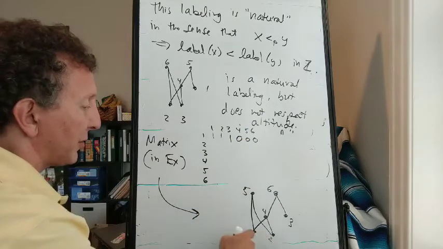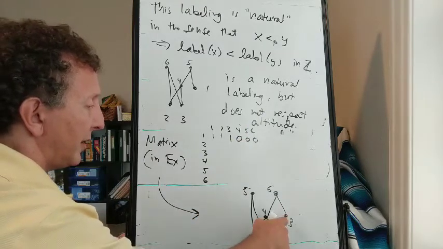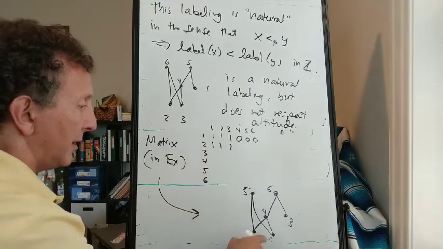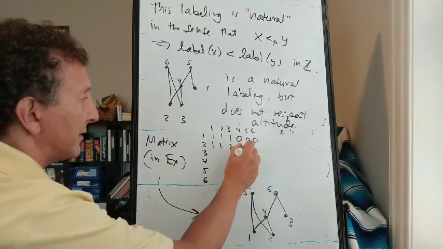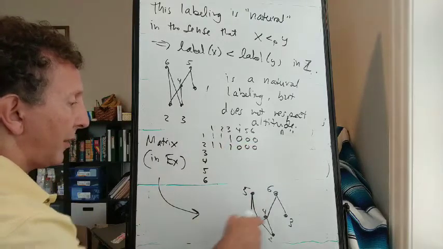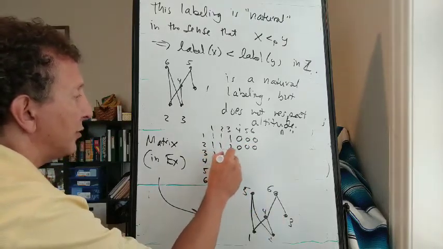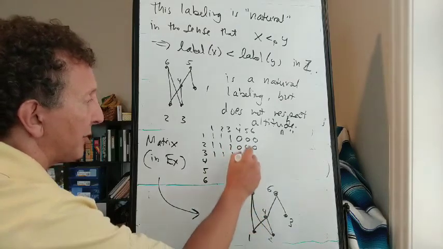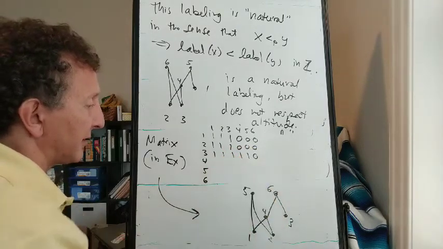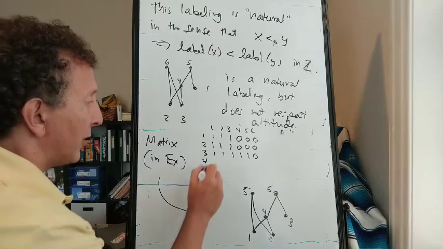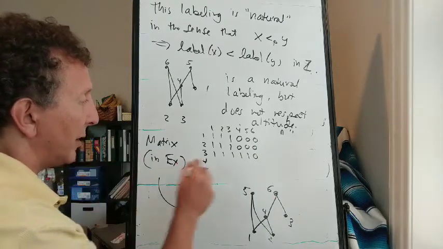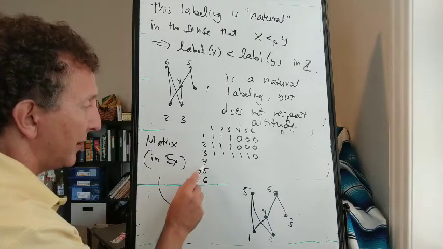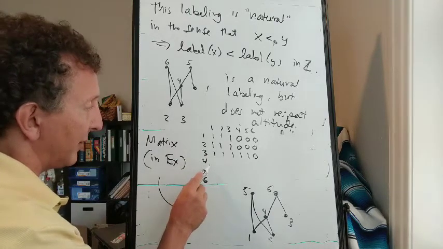2 is incomparable to 1, itself, 3. It's less than 4, 5, and 6. 3 is incomparable to 1, 2, itself. It's incomparable to 4, incomparable to 5, and less than 6. 4, I think I said incomparable here. Yeah, it is. Okay, 4 is greater than 1 and 2.